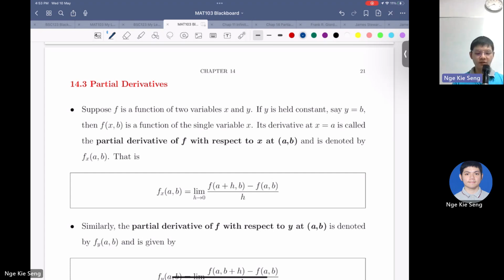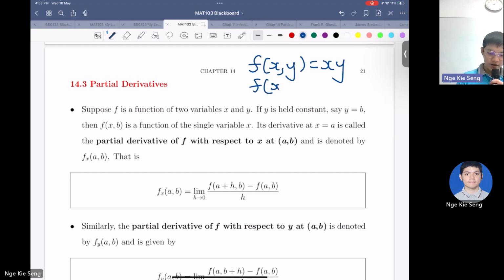You should have at least one example in your mind. Let's say we put y equals 2, so this becomes 2x, a one variable function. Its derivative at x equals a is called the partial derivative with respect to x at (a,b).